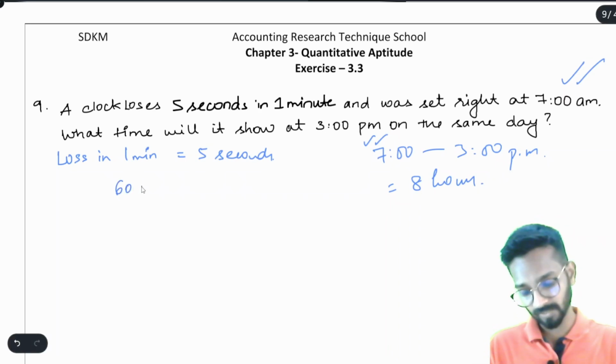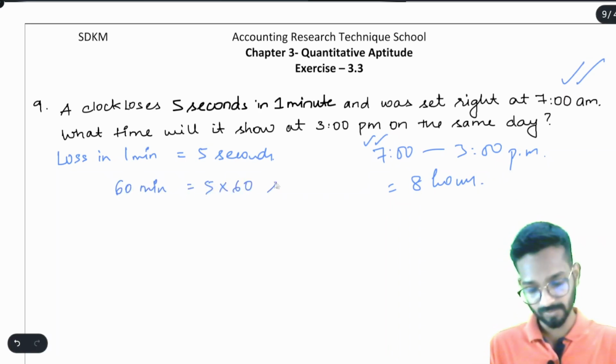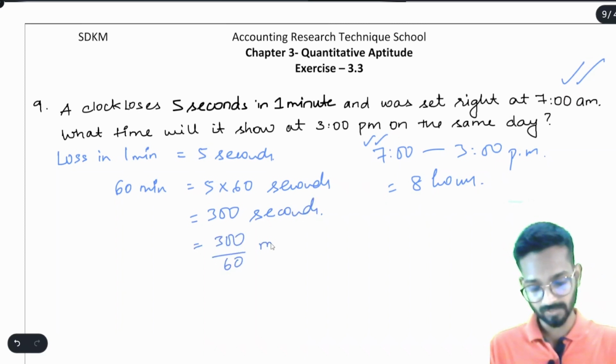So in 60 minutes, the loss will be 5 into 60 seconds, and that is 300 seconds, or you can say 300 by 60 minutes. I am just converting it into minutes because it will come exactly 5 minutes.